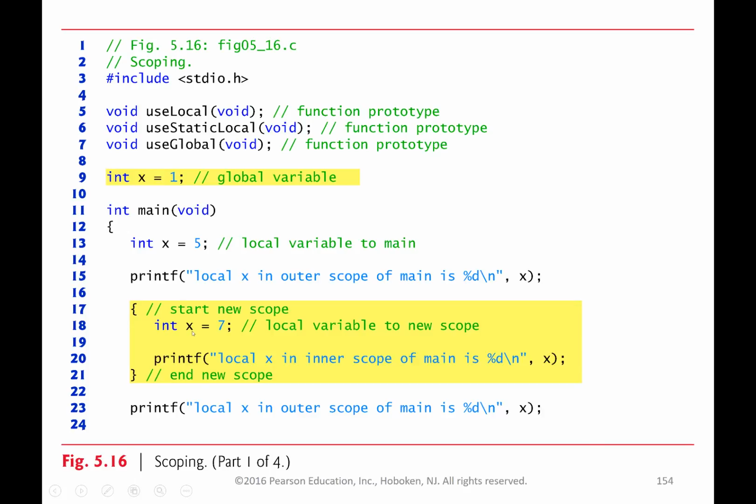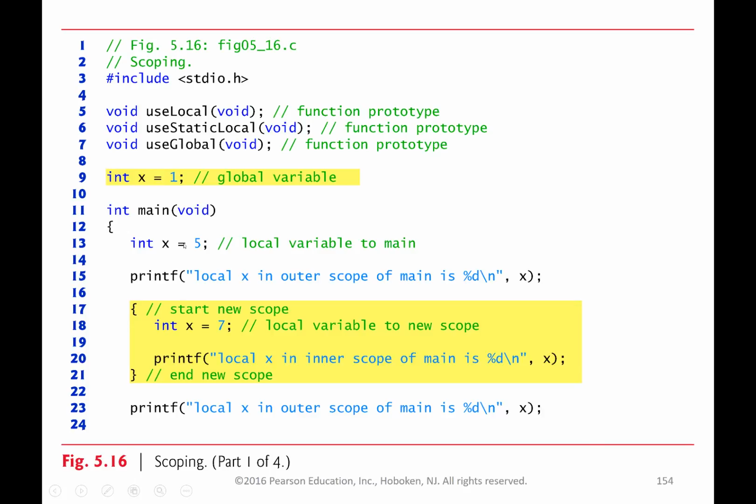So now I set x equal to 7 right there. I end that, and outside of it, as soon as I hit this closing bracket, this x disappears, and then this one comes back.